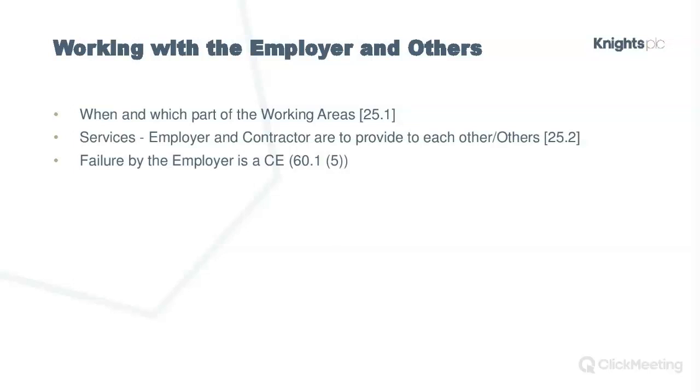If what's in the works information is very vague and broad, then that's not great for the contractor, because you've got nothing to hang your hat on if you want to make a compensation event. You can't say the employer has failed to comply with the works information if you've got something that just says the employer and others will be generally on site, they'll be generally working, and contractor, you as contractor have to work around them.